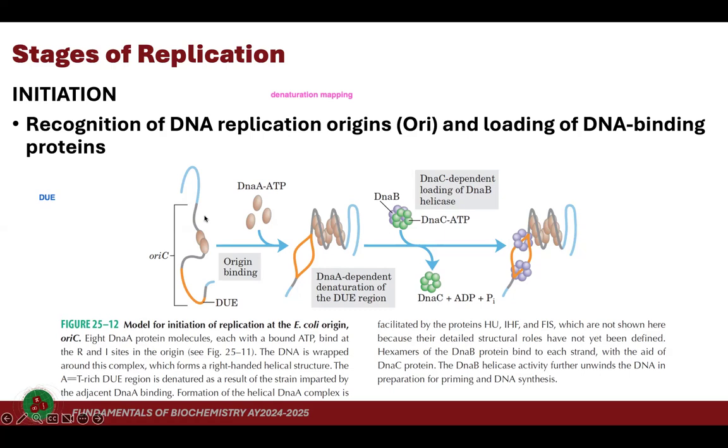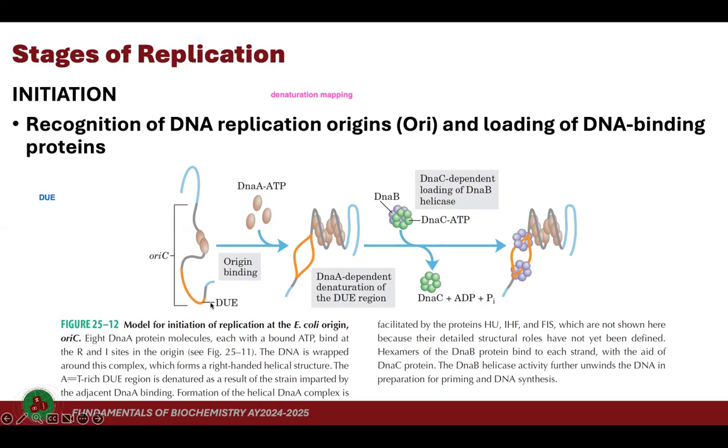Okay, so the whole thing, as you can see here, is labeled ORIC. So that's your point of origin, or region of origin for DNA replication. But you have DUE specifically because this is where the unwinding of your double stranded DNA will take place.